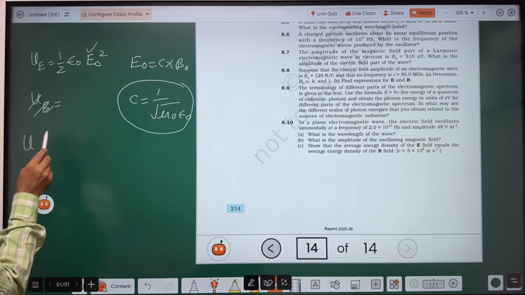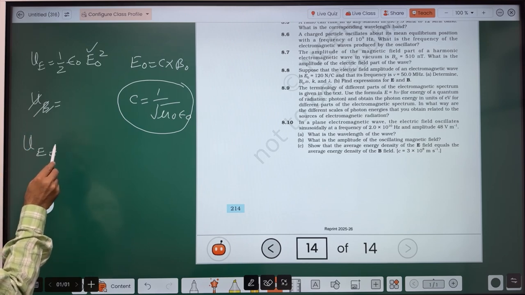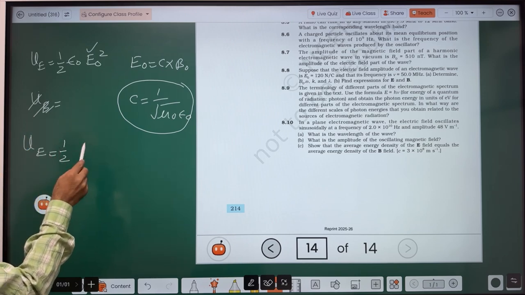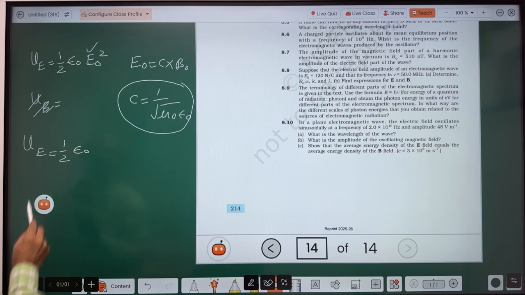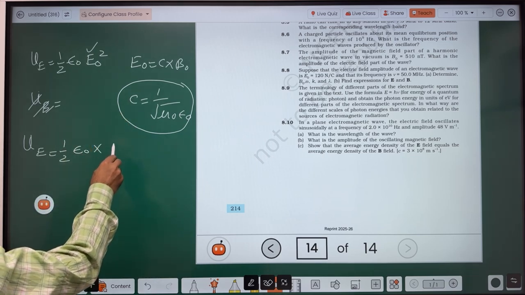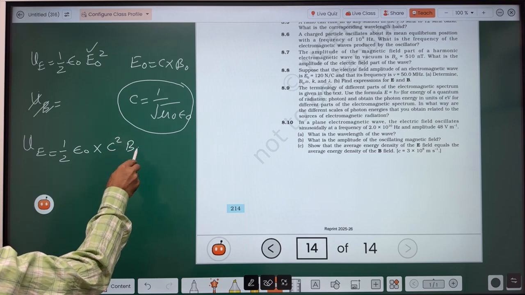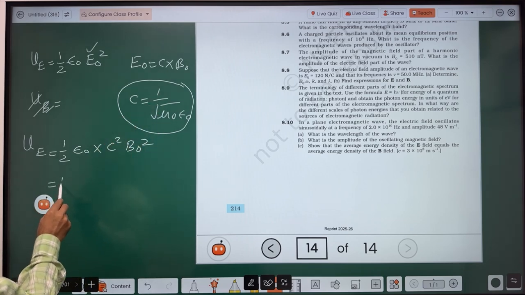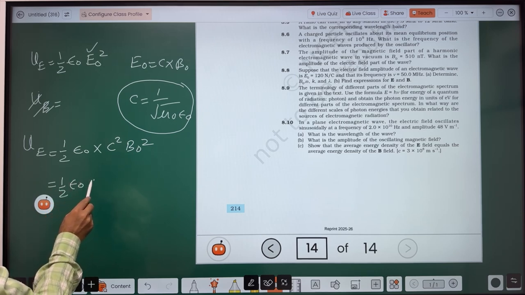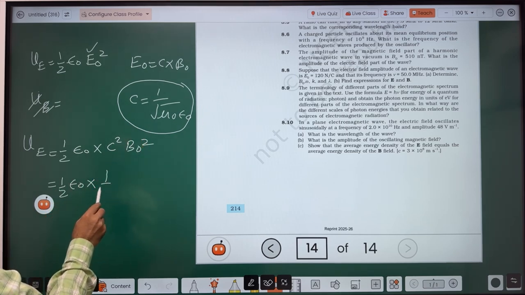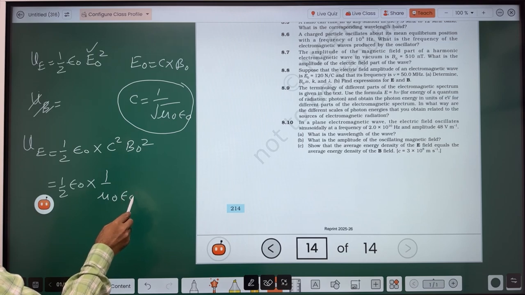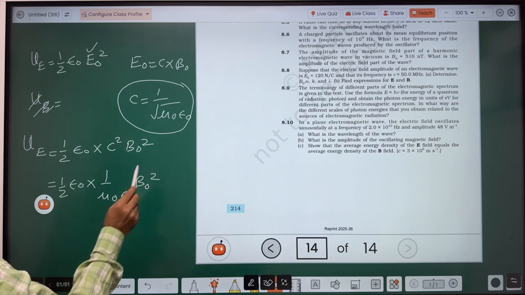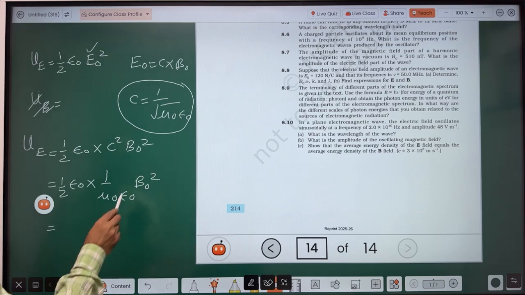So UE, we are starting with UE is 1 by 2 epsilon naught times E0 square, that is C square B0 square, but C square will give 1 upon mu naught epsilon naught, so 1 by 2 epsilon naught times 1 upon mu naught epsilon naught times B0 square, right?